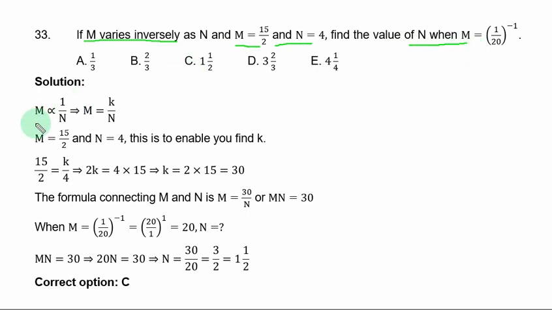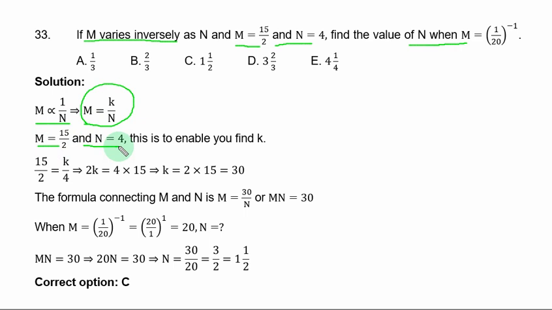This is the inverse variation between M and N. To continue, you replace the symbol of variation with an equality sign and multiply the right hand side by the constant of variation K. You have M equal to this and N equal to this.